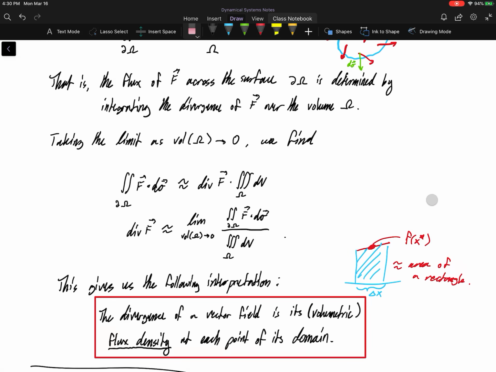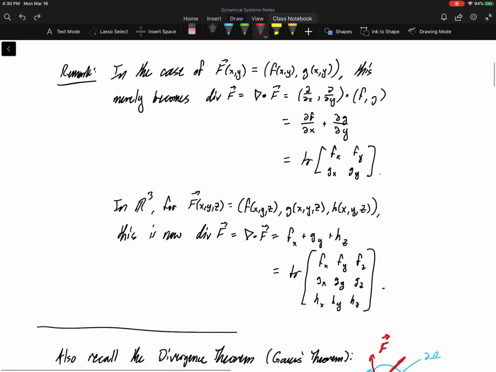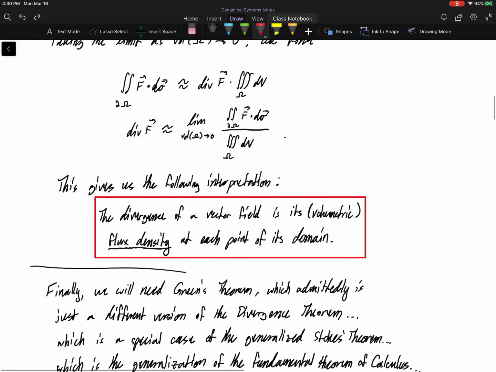All right, and once we have that approximation, we say that for the divergence, if I take this volume piece and put it underneath the flux integral, divide through by the volume, and take the limit as that volume goes to 0, then I see an interpretation for what the divergence is, at least on an infinitesimal scale.